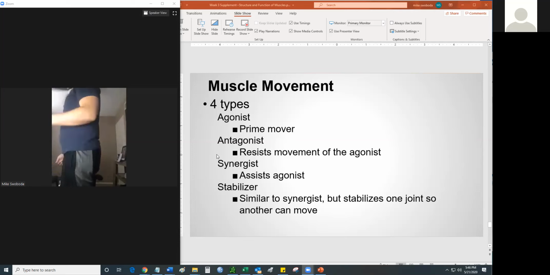A stabilizer here would be my core. So my abs, my obliques, my low back, my glutes, my hip abductors, my hip flexors. They all form this lower cross that you have across your pelvis. But in short, if I tighten my belly, it's going to stabilize my whole body.